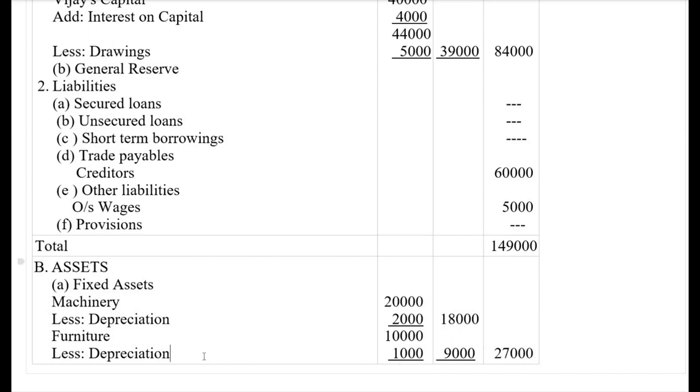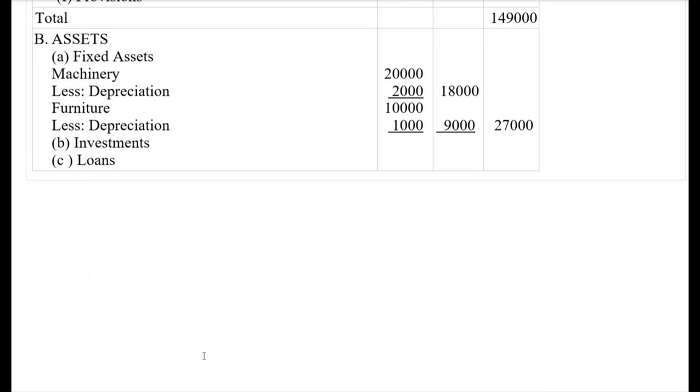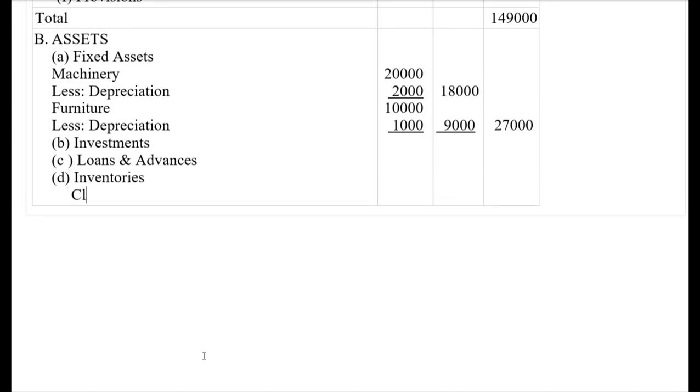Then the next one here, B, investments. In this problem we are not given investments. Then loans and advances. Next, D, inventories. Under this we have got a closing stock.